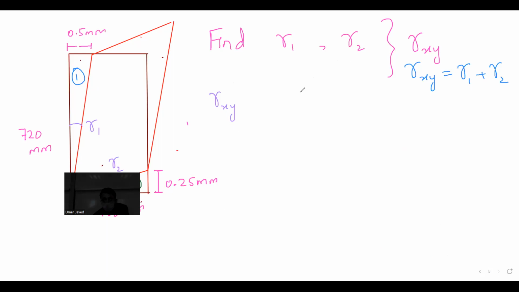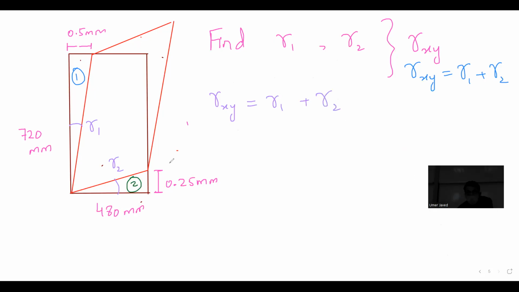Gamma xy equal to, the first one is gamma 1, the second one is gamma 2, which is equal to 0.5 over 720. Of course, millimeter by millimeter, they cancel, plus 0.25 by 480. Because seriously, 0.5 millimeter is not even visible, and 720 millimeter is a quarter to a meter.